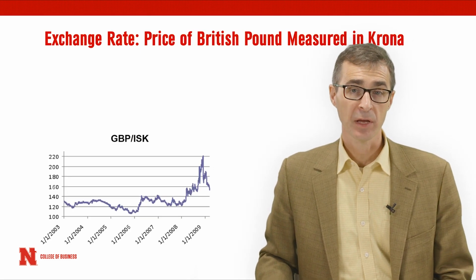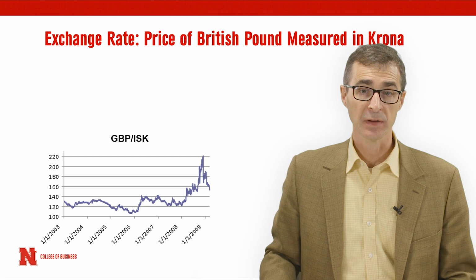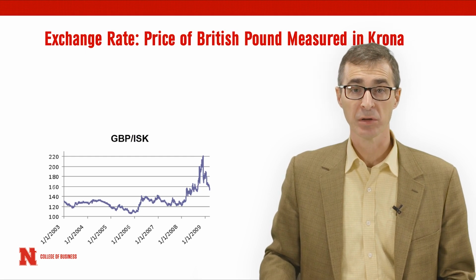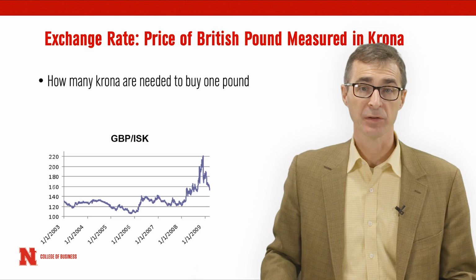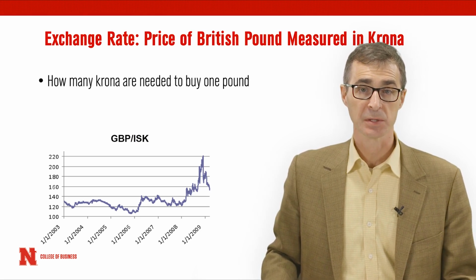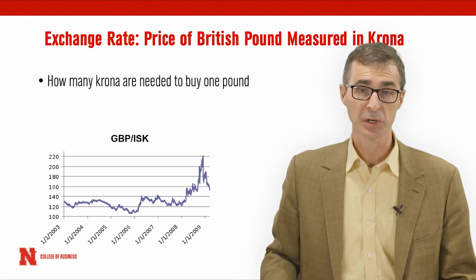Before we begin examining the foreign exchange market and foreign exchange prices in detail, we need to clarify a couple of key ideas. The first is how many krona are needed to buy 1 pound. I'd like to just talk about how we define that and how economists talk about the price of one currency in terms of another. And then I would like to define the words appreciation and depreciation.